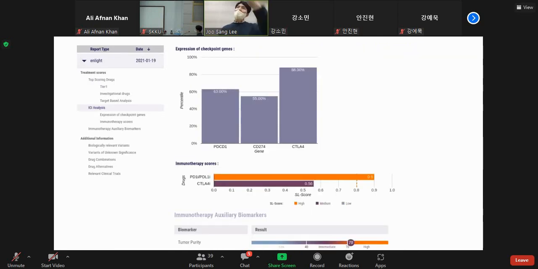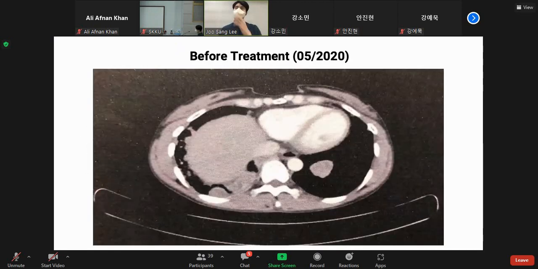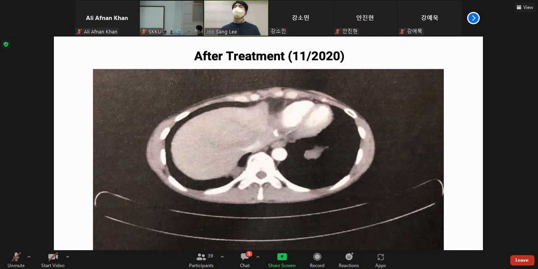But our analysis showed that the patient would respond to anti-PD-1 therapy, which is a powerful therapy. And this is the CT after 6 months. Her tumor reduced dramatically, and she is staying in complete response as of today.